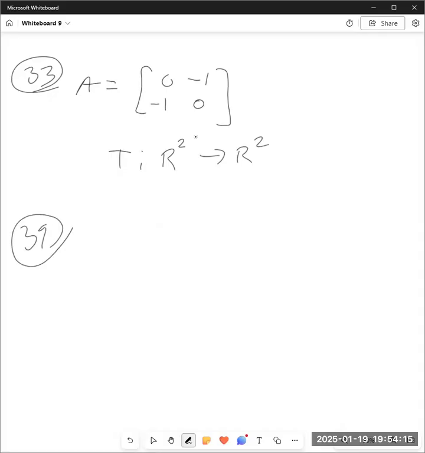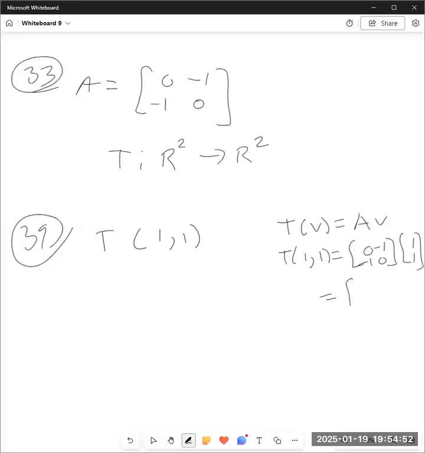It says find T of 1, 1, where you know that T of V is equal to AV, like that. So we have T of 1, 1 equal to 0, -1, -1, 0 times 1, 1.